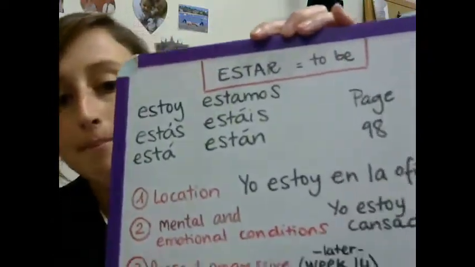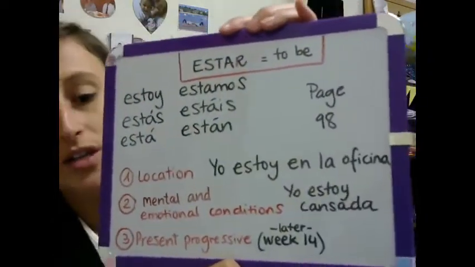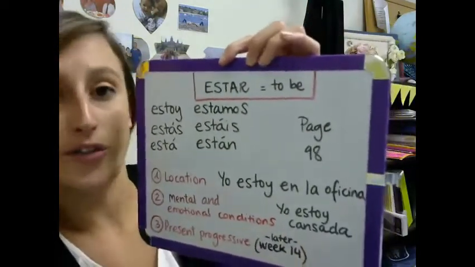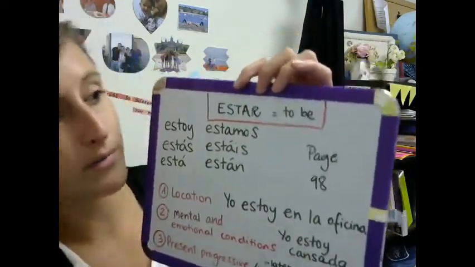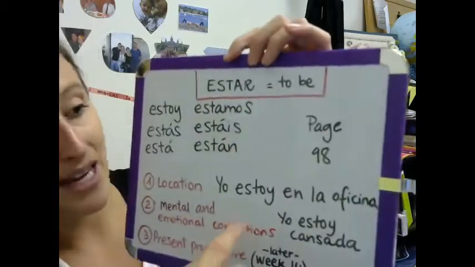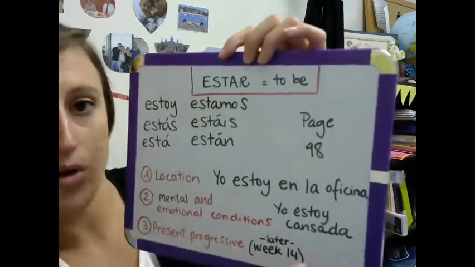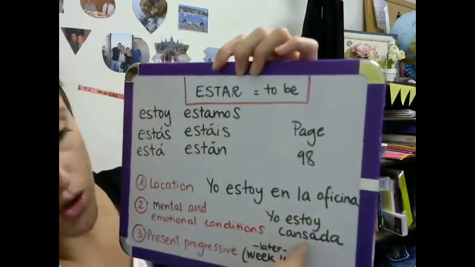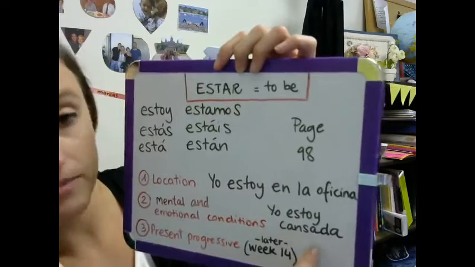We're going to use estar for location and also for mental and emotional conditions. I would say always for feelings and emotions. To express how you feel, you will use estar. It's something that changes, an emotion and a condition, not permanent. So, yo estoy cansada. I am tired.